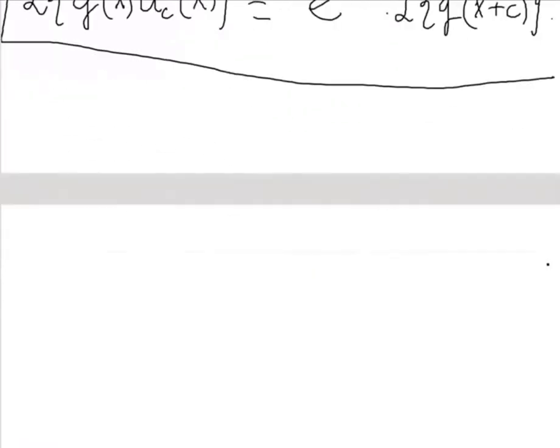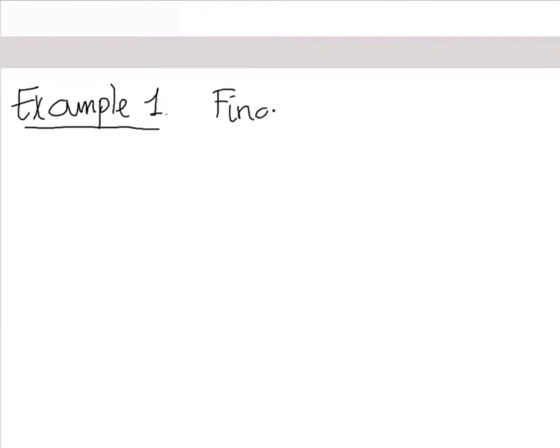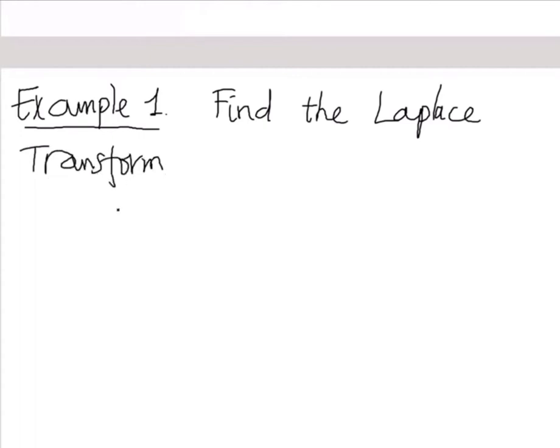Now let's look at a few examples of how to use the above formulas. Example 1. Find the Laplace transform of the function f of x with several formulas here.